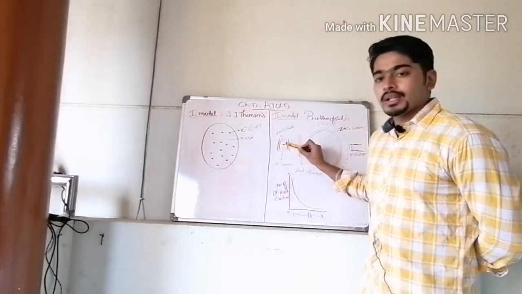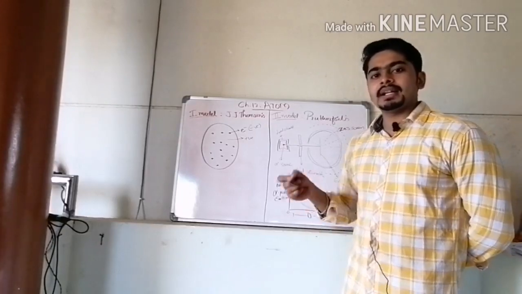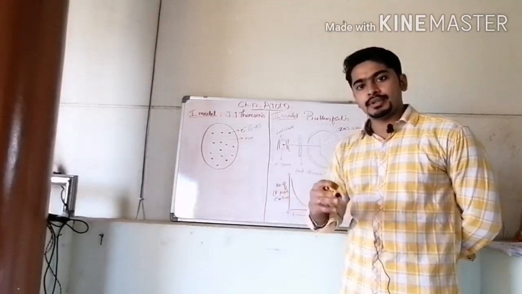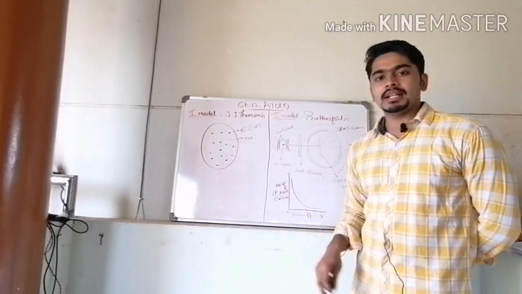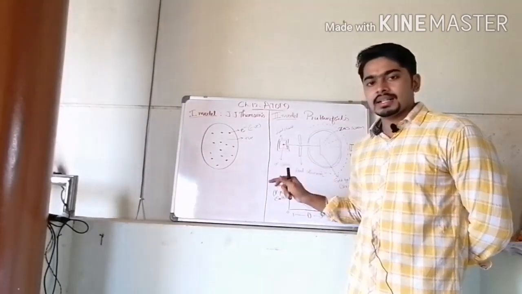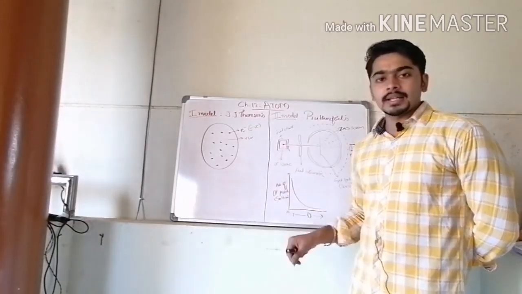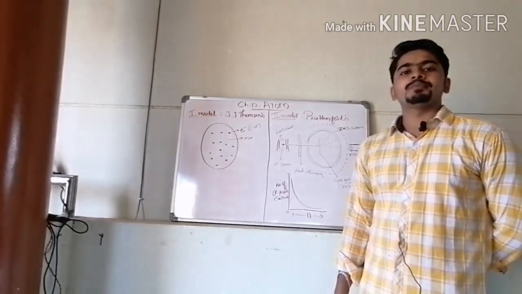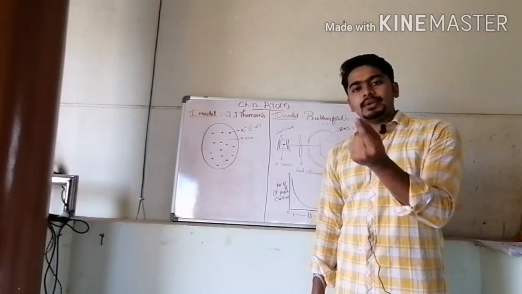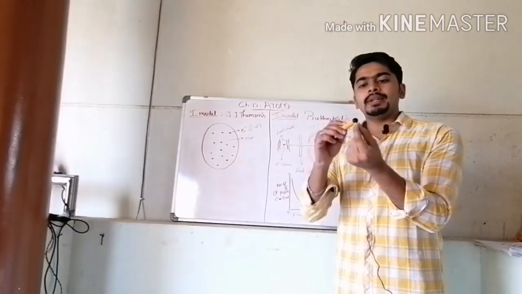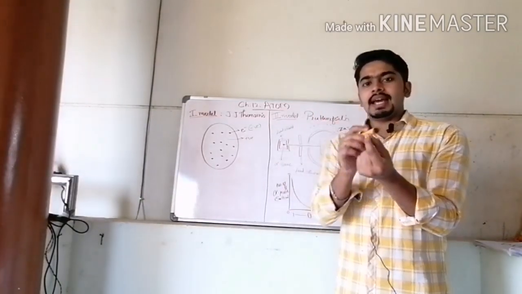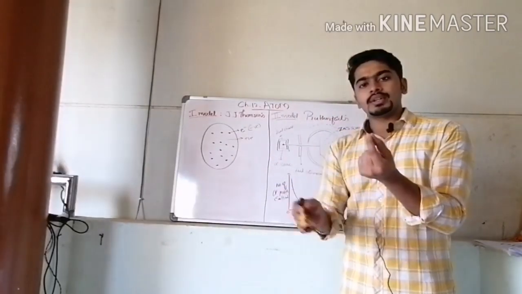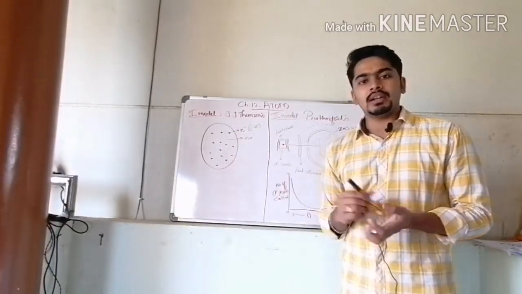So he took one alpha source, a radioactive element which produces the alpha particle. Such types of alpha particle sources are chosen here. That alpha source is kept in a lead shield. Why? Because a radioactive element will be liberating the energy as well as the alpha particles in all directions, 360 degrees.